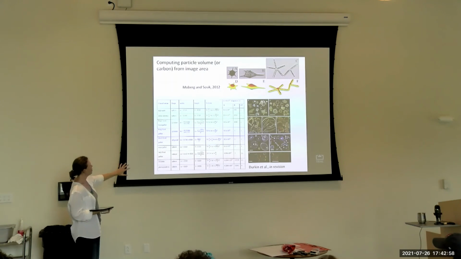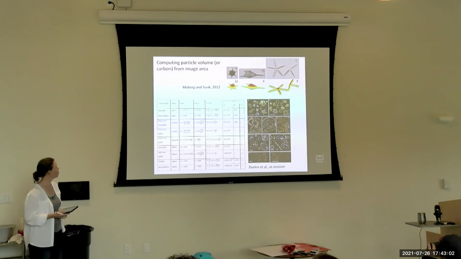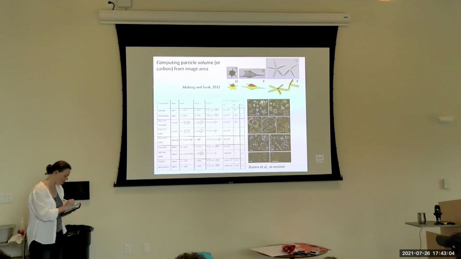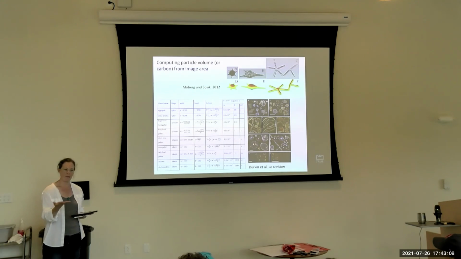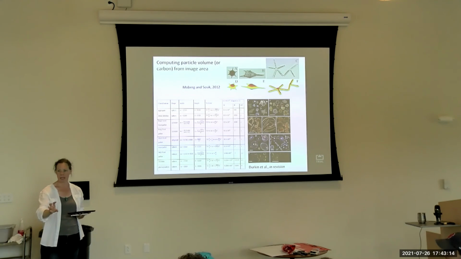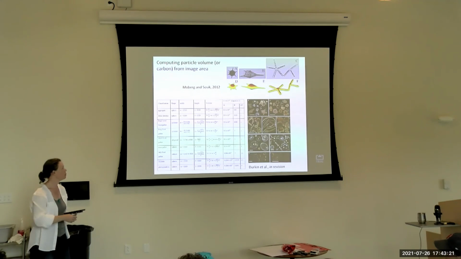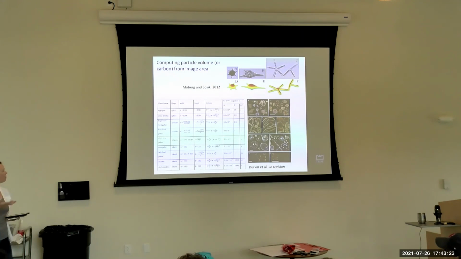A couple of different particle area to volume approaches are shown here. The top half, the Moberg and Sosik, is a mathematical method for converting the area of the particle to a 3-dimensional shape based on the distance of every interior pixel in a particle from the edge of that particle. So this is a way of trying to assign 3-dimensionality to images of phytoplankton.